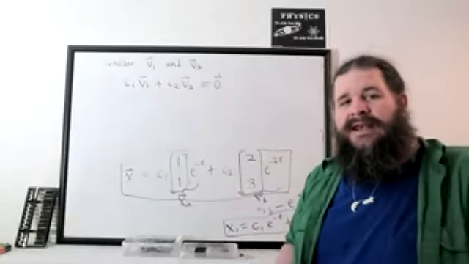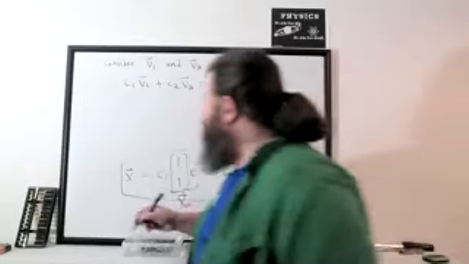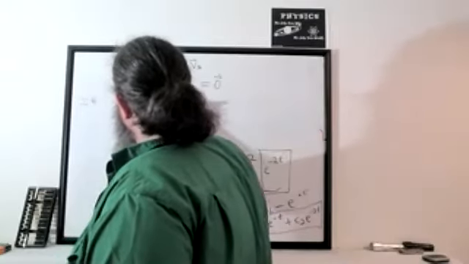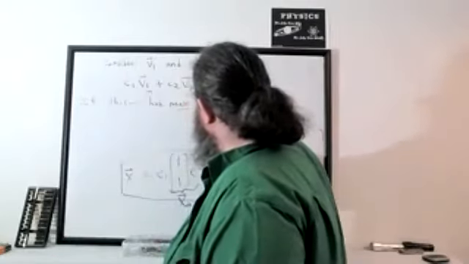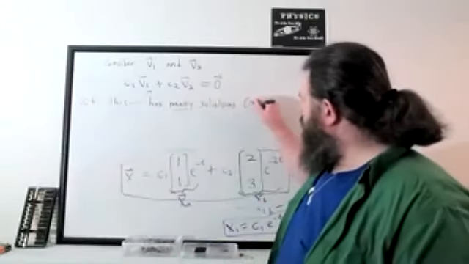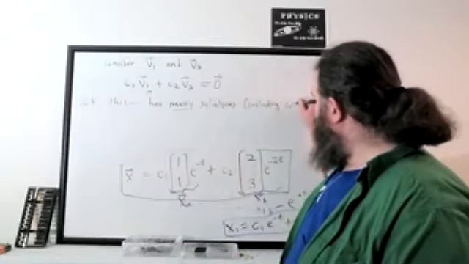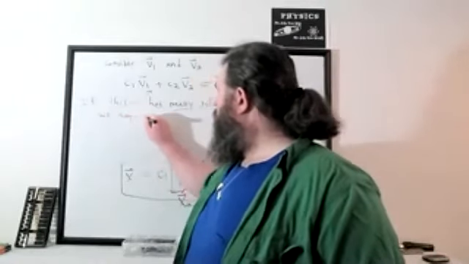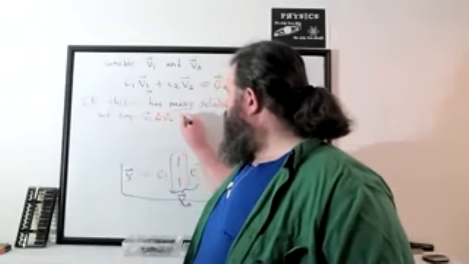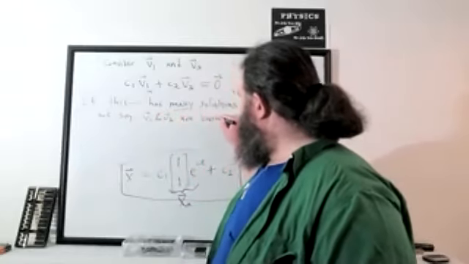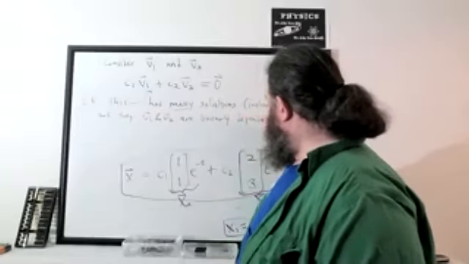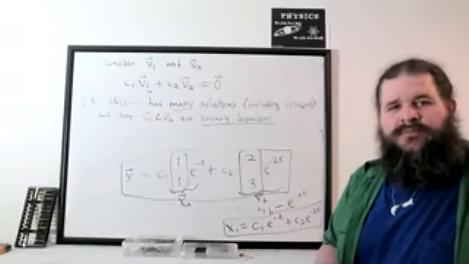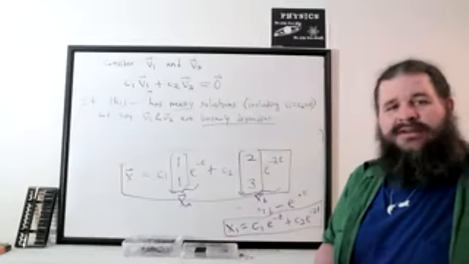And if there are many solutions, which is going to include the trivial solution, of course, in fact infinitely many, then we say these vectors are linearly dependent.